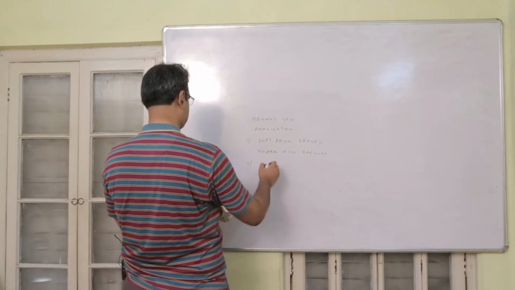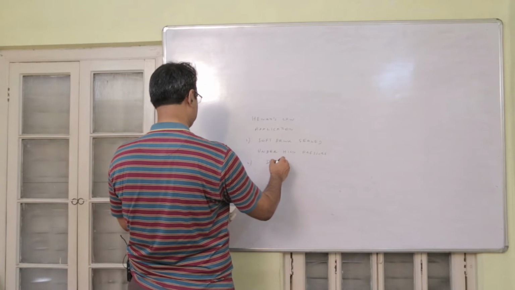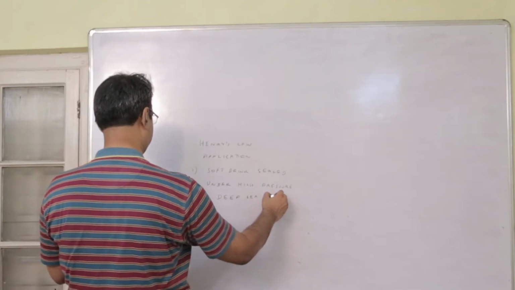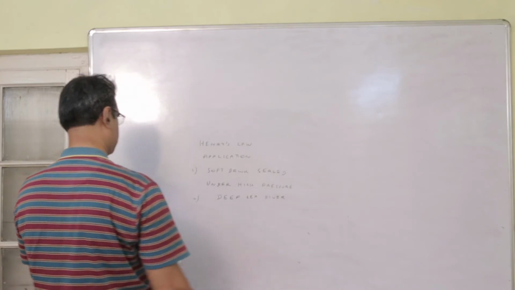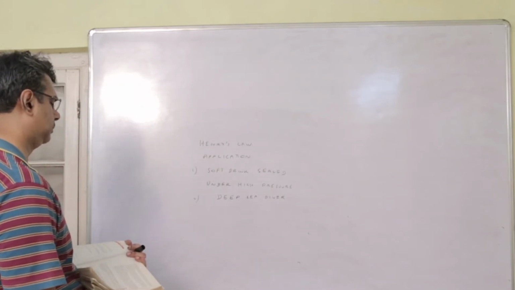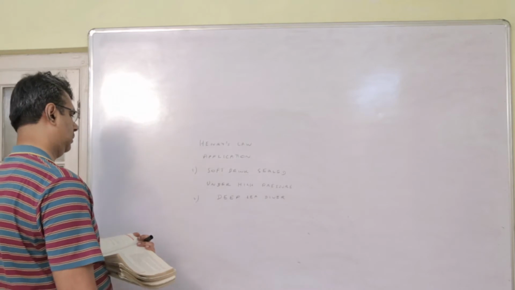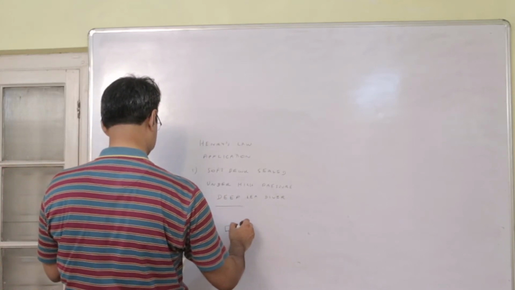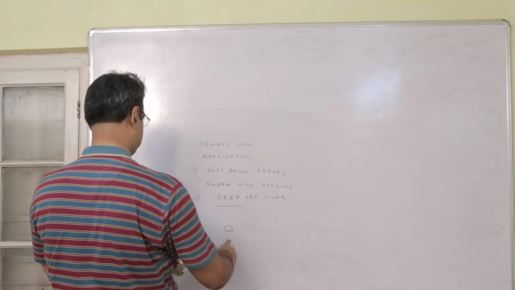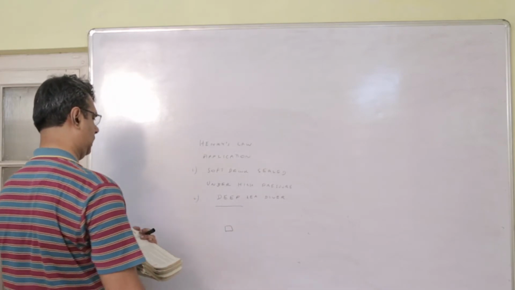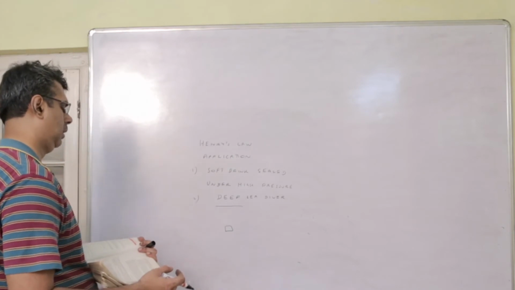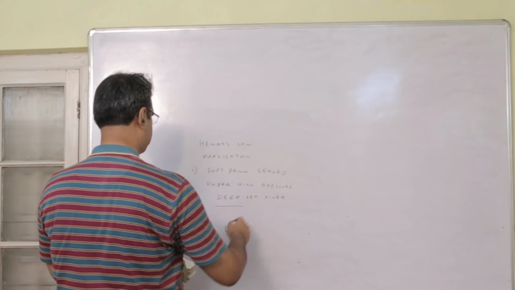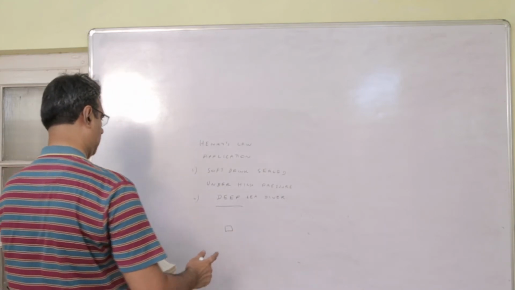Secondly, suppose there is a deep sea diver. Now when the diver goes deep into the ocean, at this depth the pressure is very high, so the solubility of the gases in the blood of the deep sea diver's body will increase.